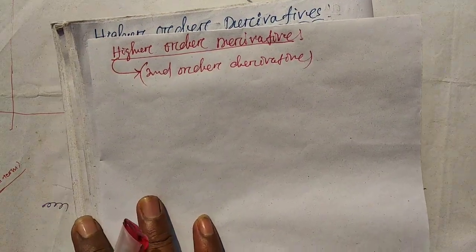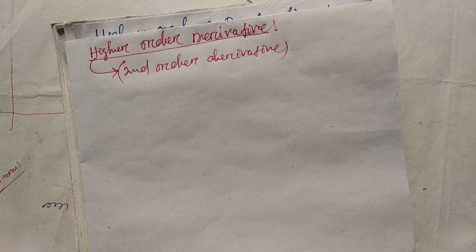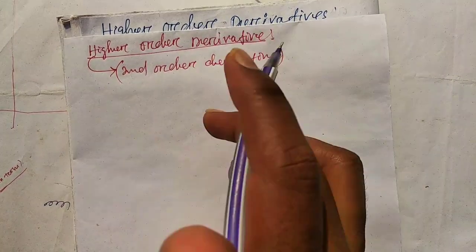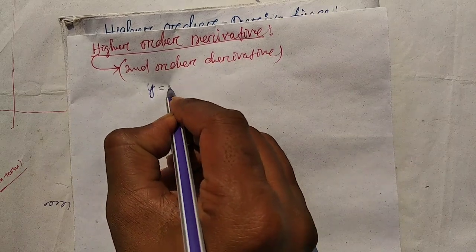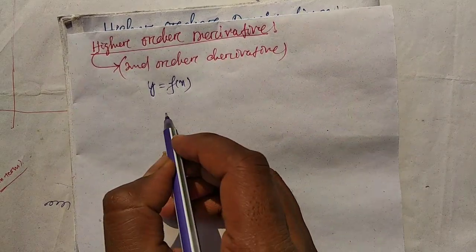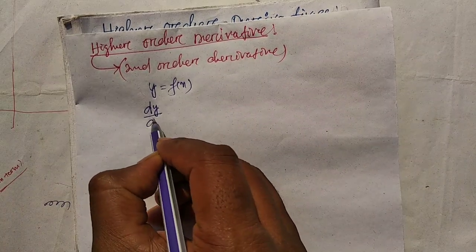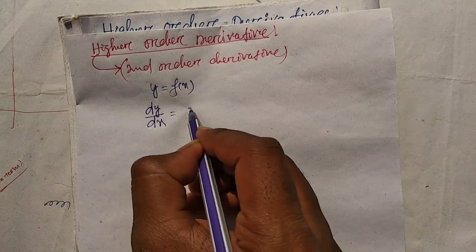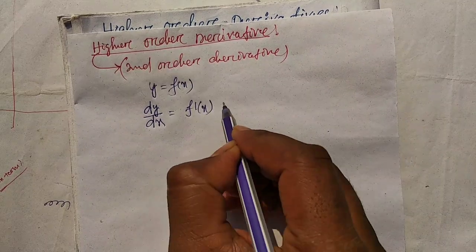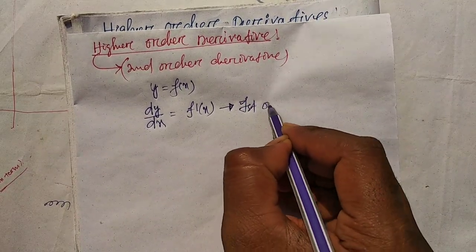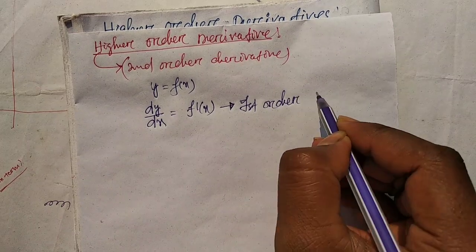Everyone observe here. Let's say we are having a function y is equal to f of x. So its first order derivative, that is differentiating with respect to x, we are obtaining f dash x. So this is called first order derivative.